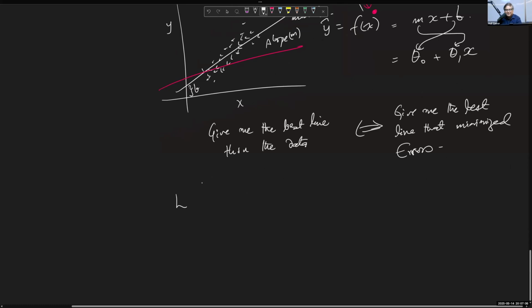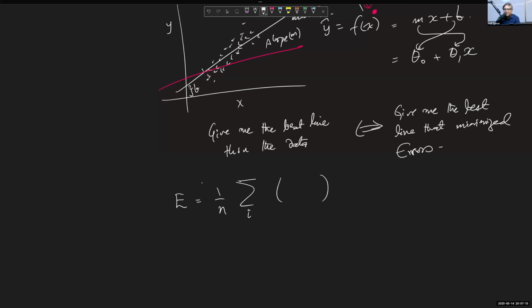Right, most proximate. So let's write the error function, which we agreed was 1 over n times the sum over all the errors. What was the error? y minus y hat: the ground truth versus the prediction, squared. But what is y hat?